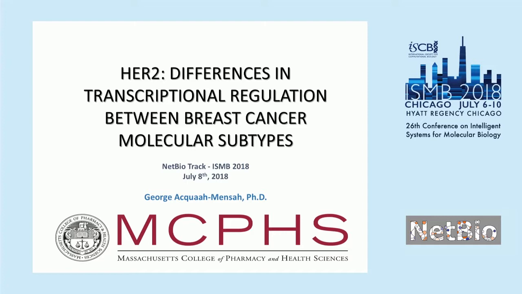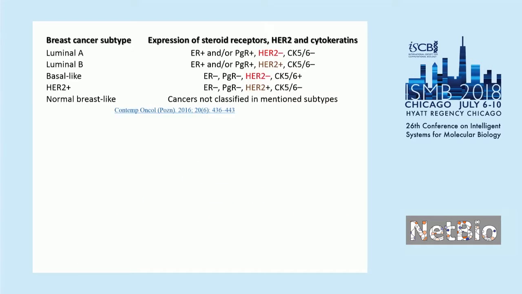In this instance, we're looking at the human epidermal growth factor receptor 2, ordinarily expressed at low levels. But in the case of HER2 enriched, the HER2 enriched molecular subtype, there's expanded expression. This occurs in up to 30% of breast cancer cases.